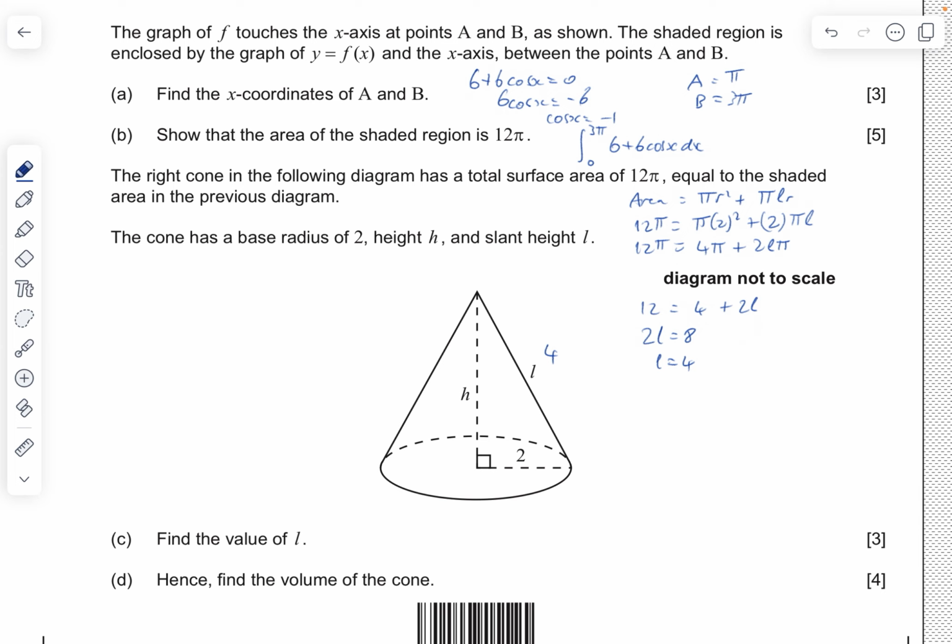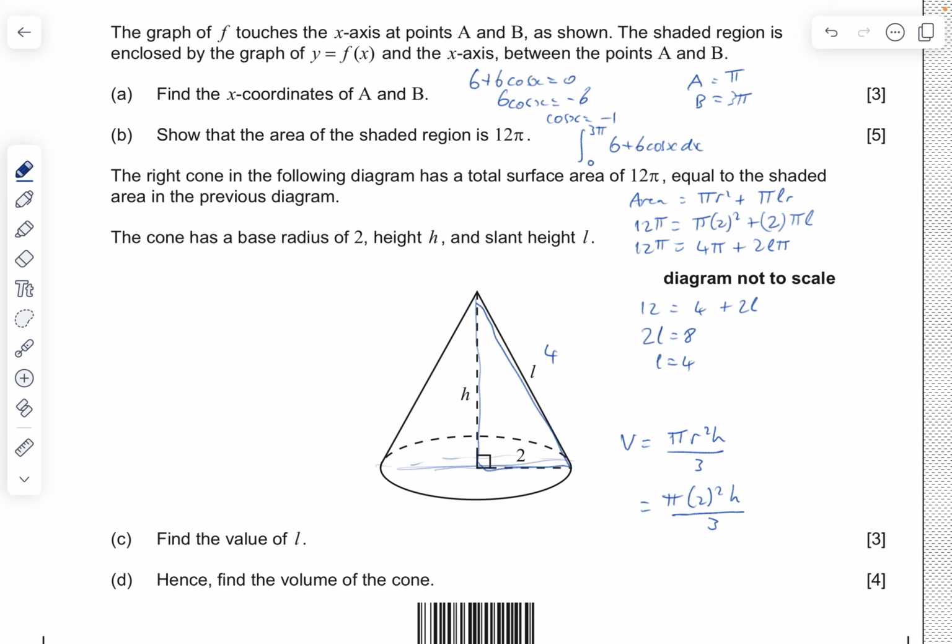Volume of the cone is pi r squared h over 3, which gives us pi times 2 squared h over 3. And we need to find h. We'll look at this now. This is a nice right angle triangle we can look at, which you can see if you slice this down the middle of the cone.